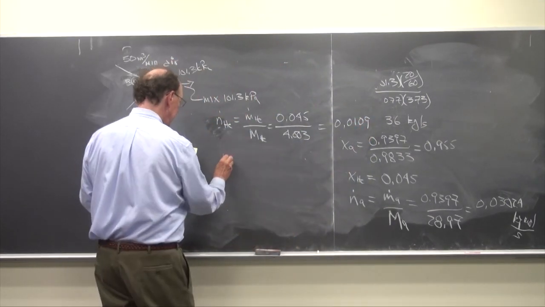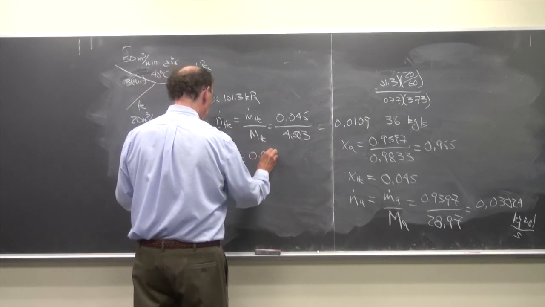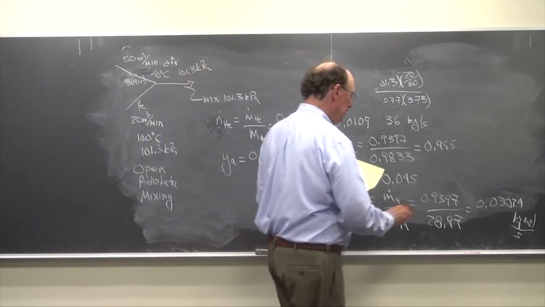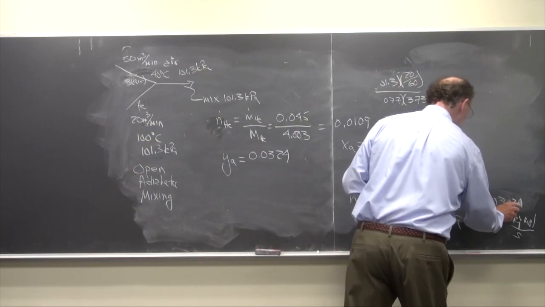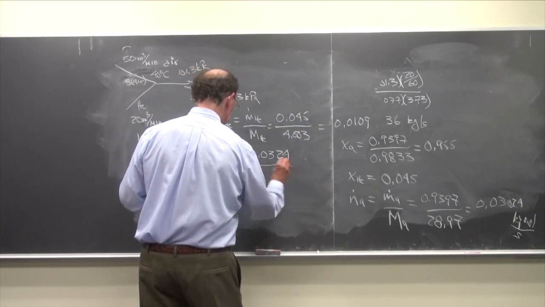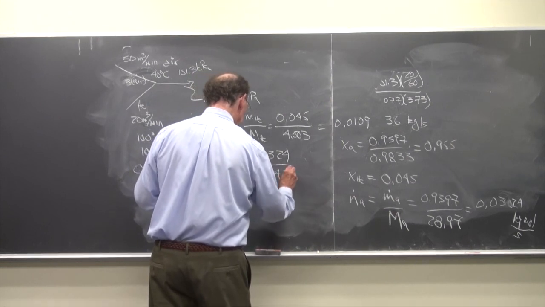So Y A is 0.0324. Oh, there wasn't a zero here. Couldn't read my own handwriting. 0.0324 divided by the total number of moles, 0.0433.